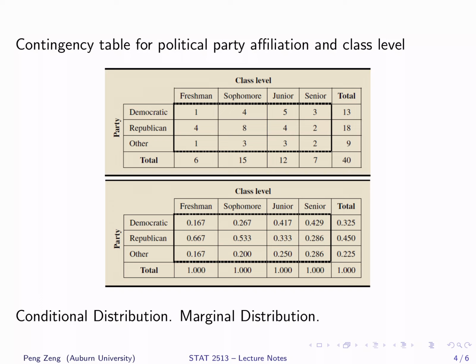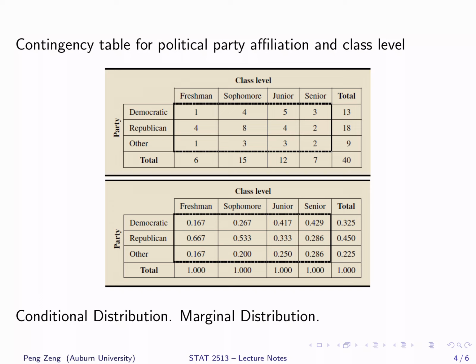Similarly, for the cell Democratic and sophomore, the frequency is 4. We divide it by 15, which is the total number of sophomores. The resulting probability is 0.267, which is the conditional probability of Democratic among sophomores.